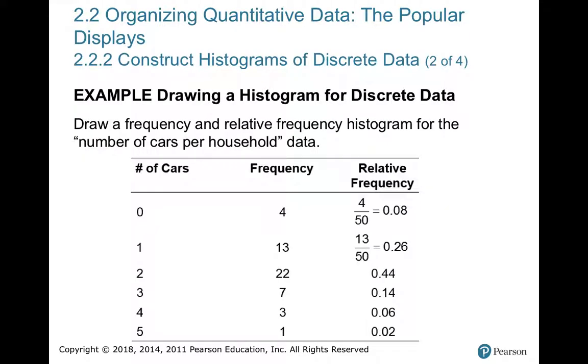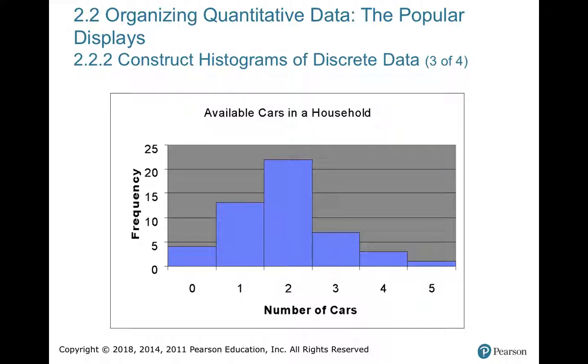So we have our frequency here and our relative frequency from that other one, and we would put this into a graph by putting the number on the x-axis, the number of cars, so our classes, the categories that we have created on our x-axis, and then the frequencies on the y-axis.